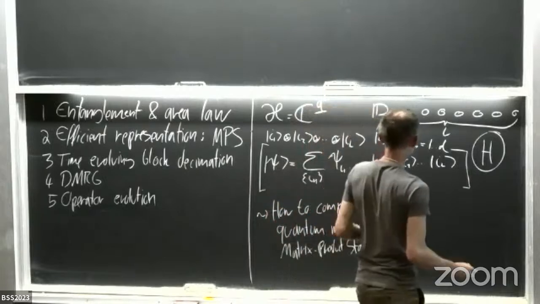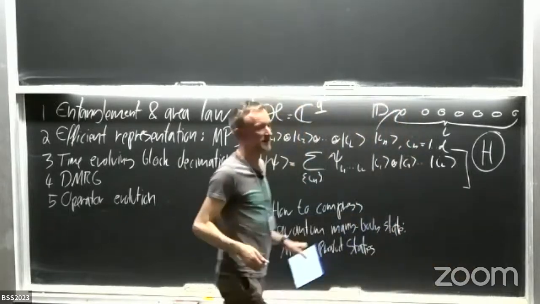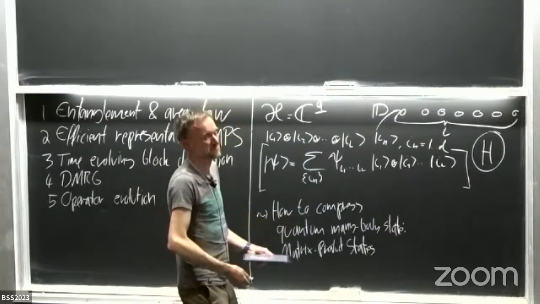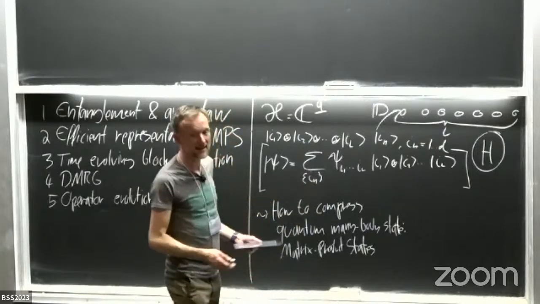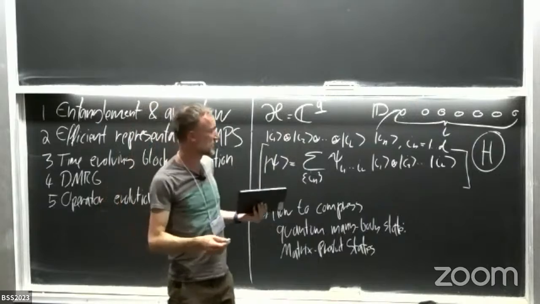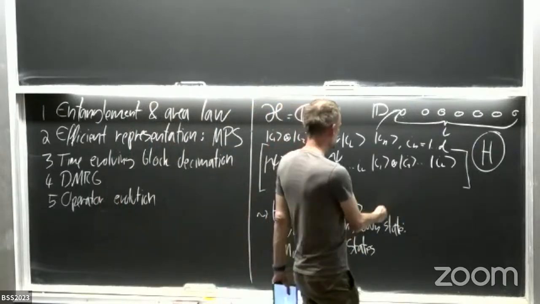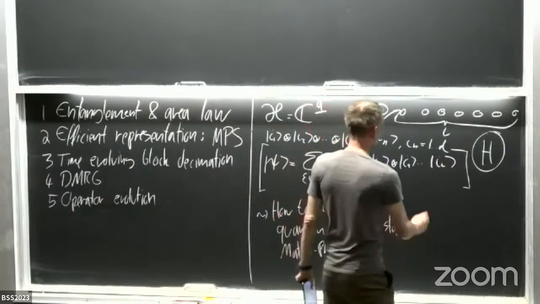What this will buy us, in particular looking at dynamics, is the following: if we want to start from some simple initial state and evolve it with respect to some Hamiltonian, we can now go to much larger systems when using these matrix product states.